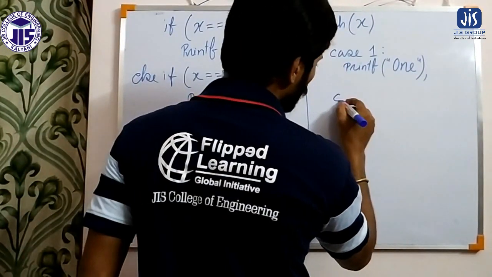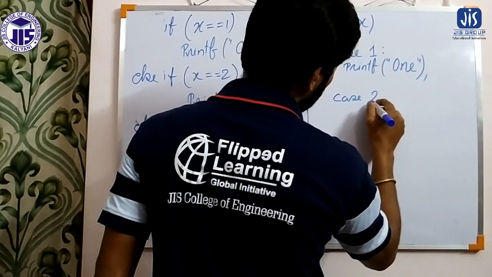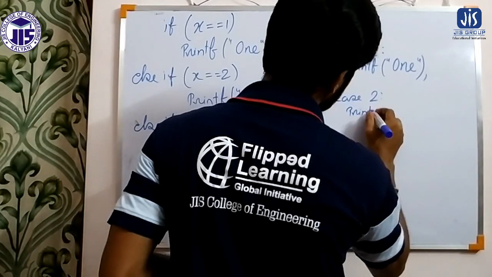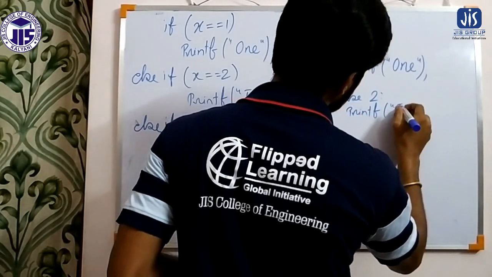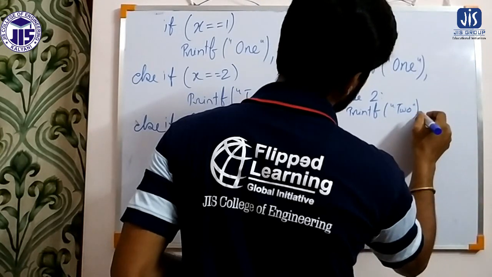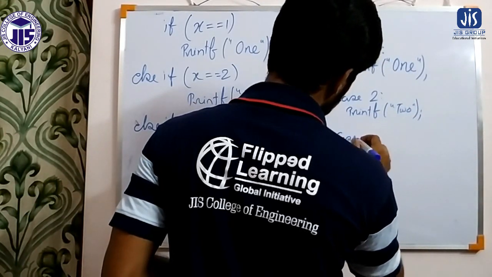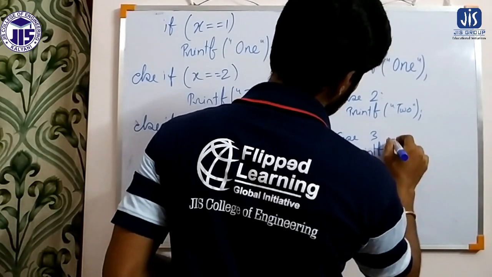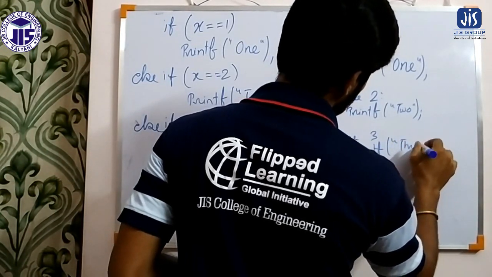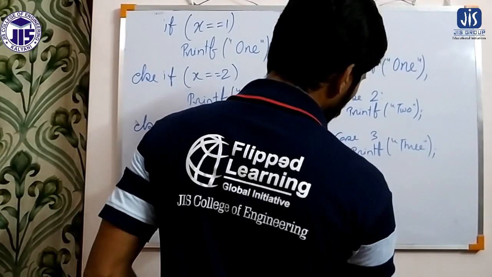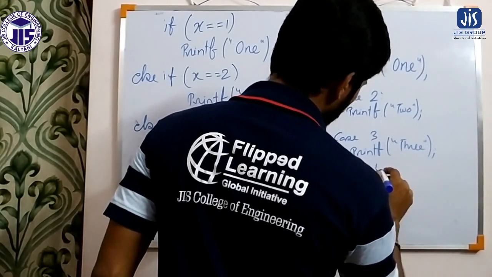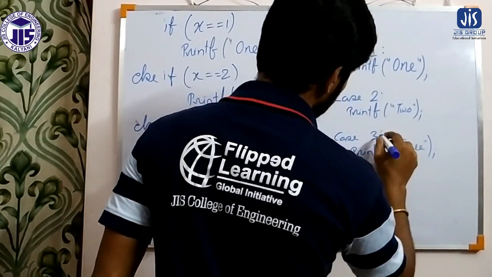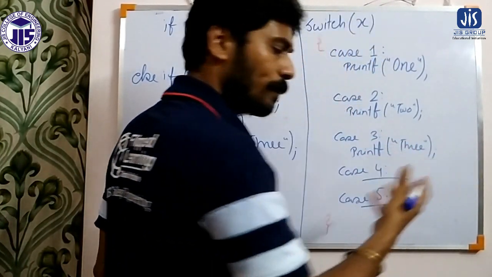Then we come to case 2, printf 2, then case 3. In that way we will write case 4, then case 5. We will print all the cases.